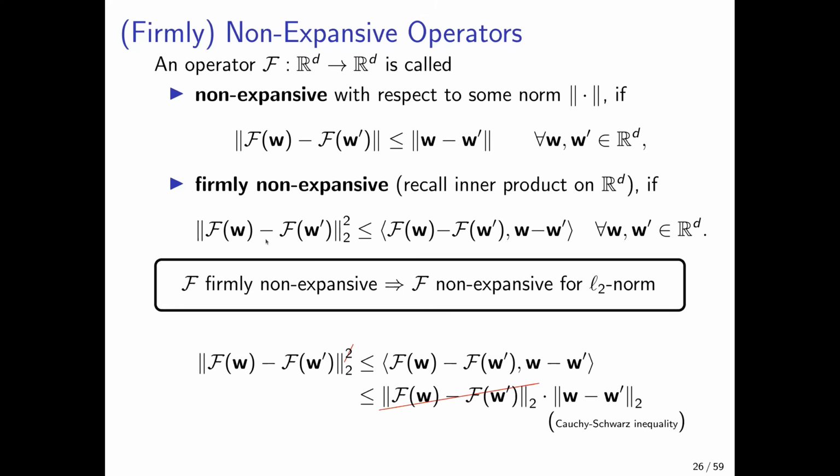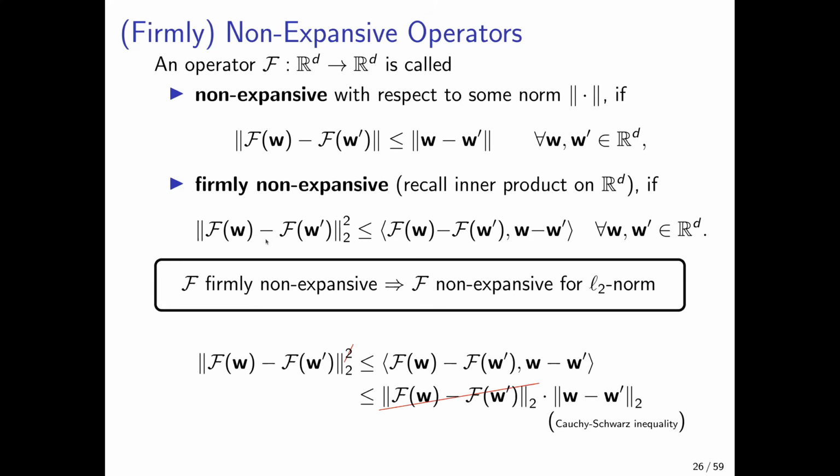And if this is satisfied for any pair of points, we call this firmly non-expansive. This is probably a bit harder to understand and somewhat less intuitive condition compared to the contraction and non-expansive condition. But we will get a better understanding of this and provide more intuition in a moment. For now, let us remark that every firmly non-expansive operator is also non-expansive for the L2 norm.